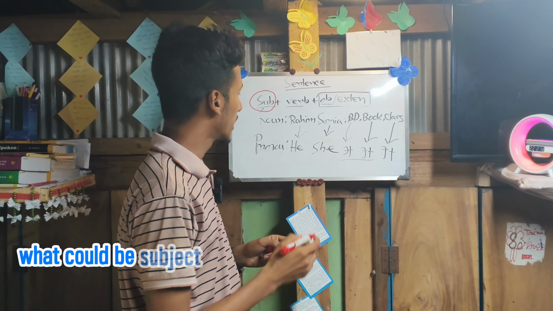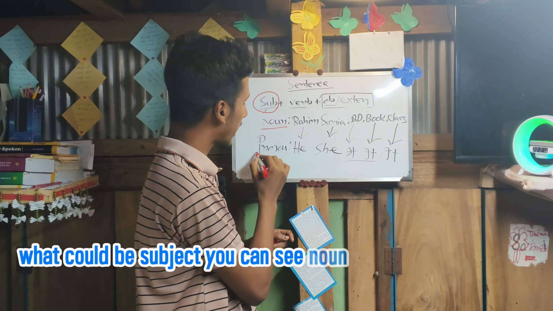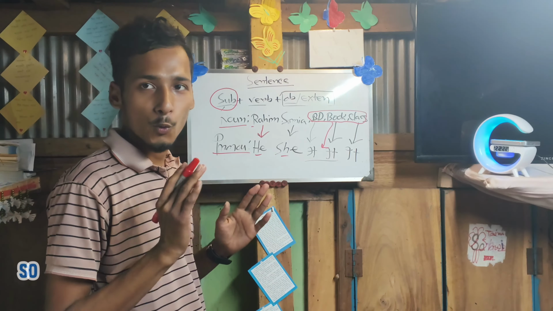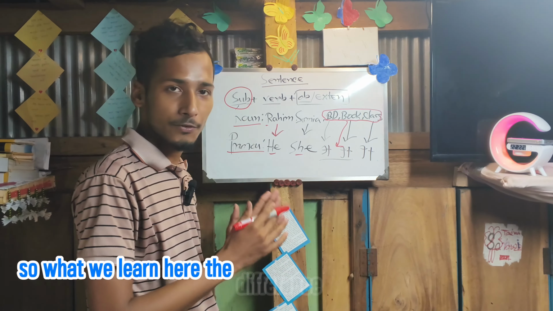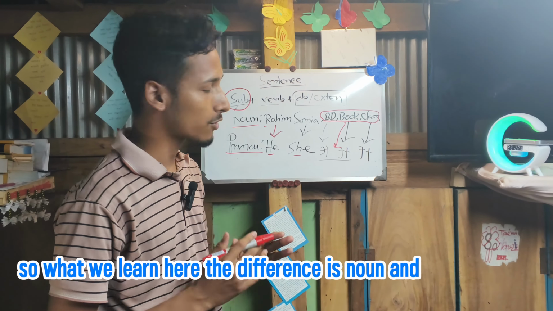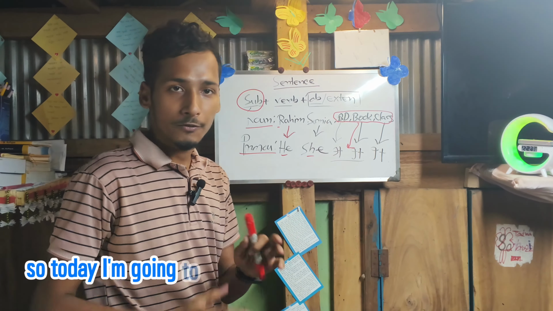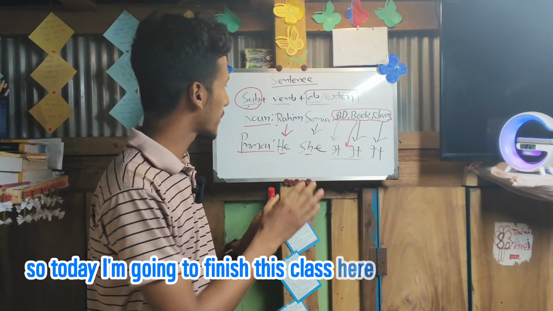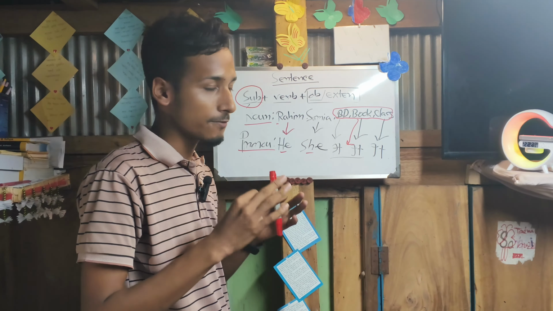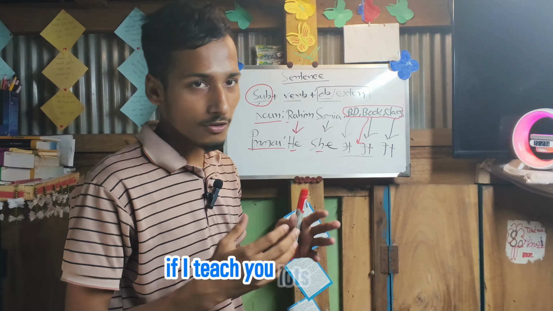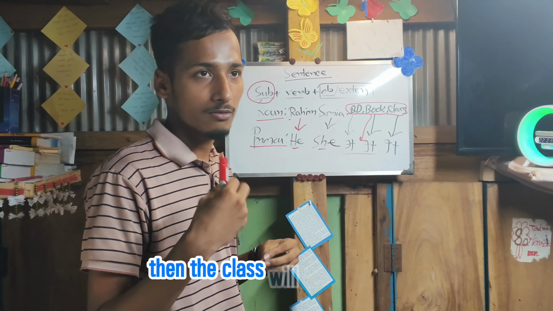So now what we learn is subject. What could be subject? You can see noun and pronoun could be subject. So what we learn here is the difference between noun and pronoun. Okay. So today I am going to finish this class here, because if I teach you lots of things, then the class will be very long.